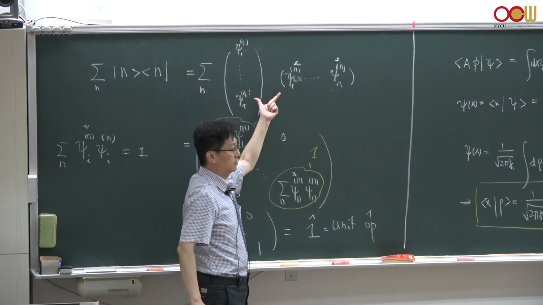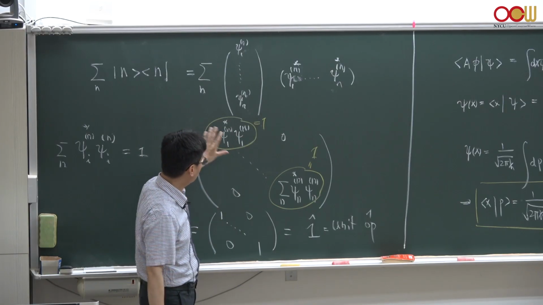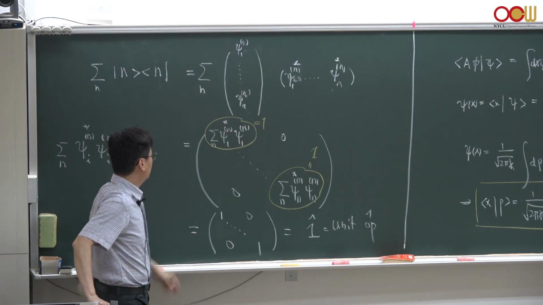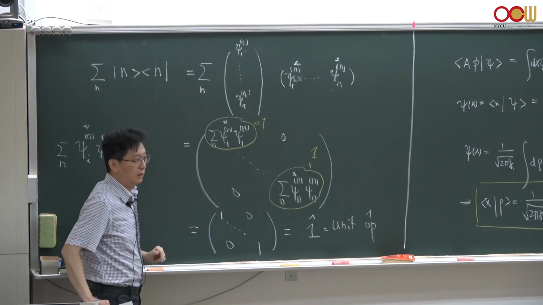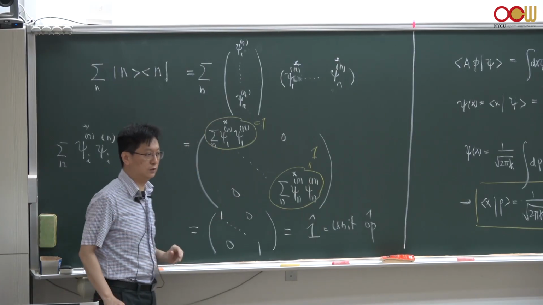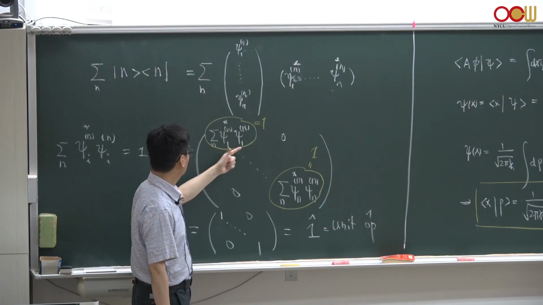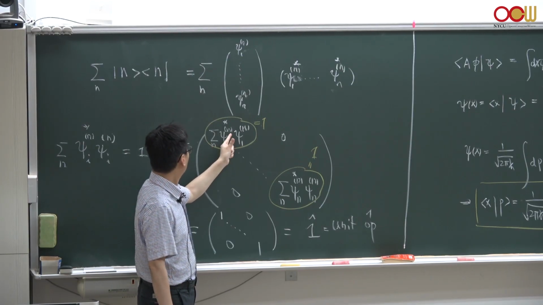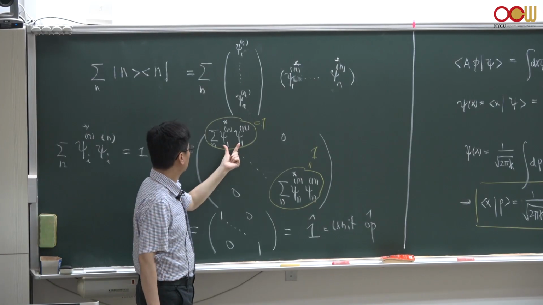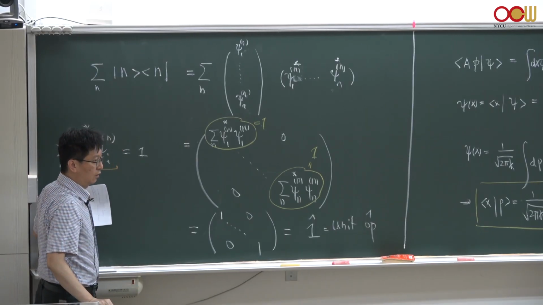When you take this matrix product, you form an n by n matrix with n squared matrix elements, but only the diagonal elements are finite and all the off-diagonal elements are 0. Looking at the diagonal elements, you have a summation over n of psi n star psi n, which is the square of the nth eigenfunction. Remember the orthonormalization condition for all these eigenstates.